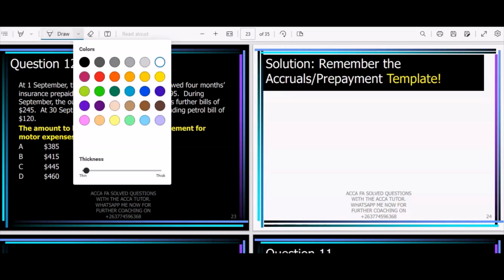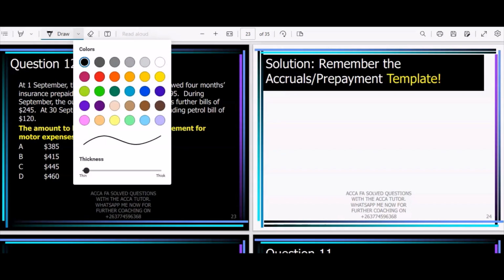You just have to know one of the templates. Remember, we've got income and expenditure accruals. We've got income accrued and expenditure accrued. We've got income prepaid and expenditure prepaid as well. So you just have to know one of the templates.